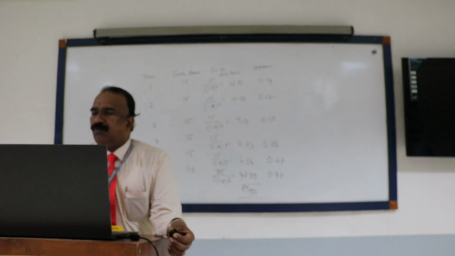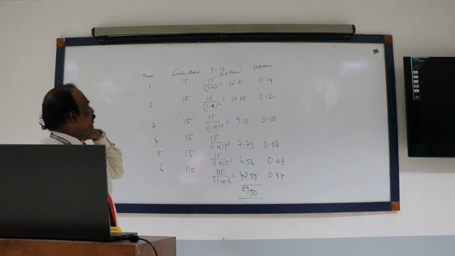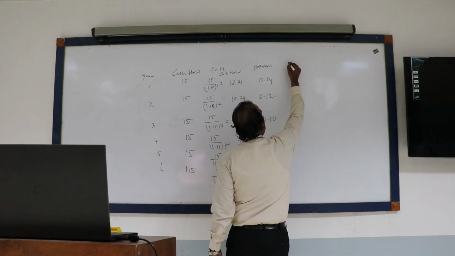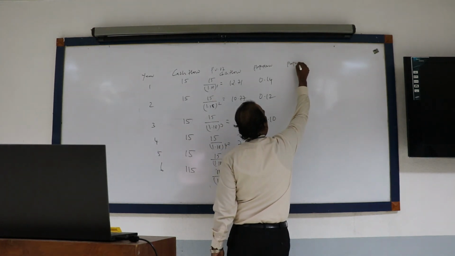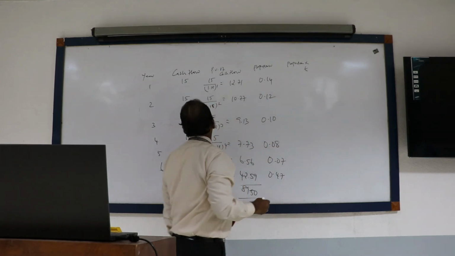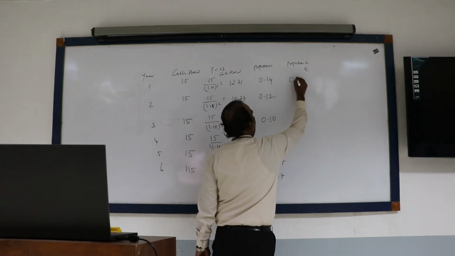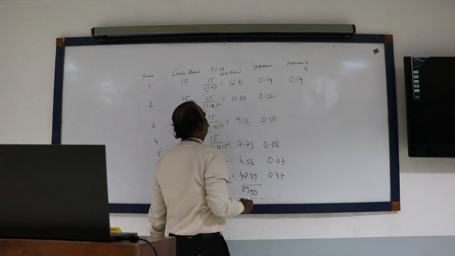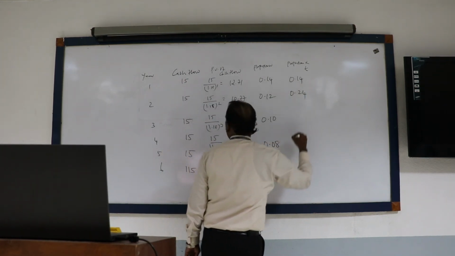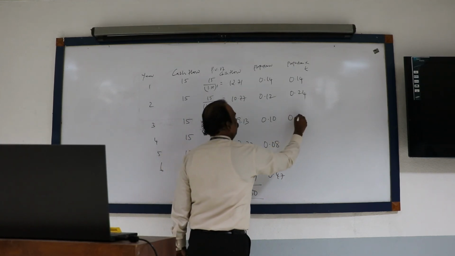Multiply the proportion with the year, that is, proportion with t. 0.14 into 1, 0.14. 0.12 into 2, 0.24. Then 0.30.